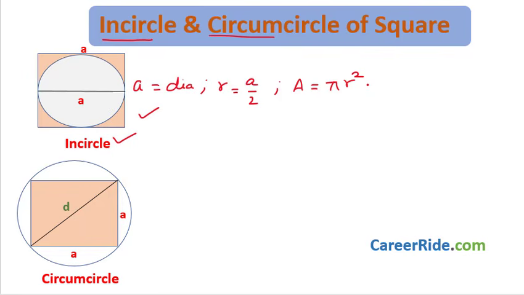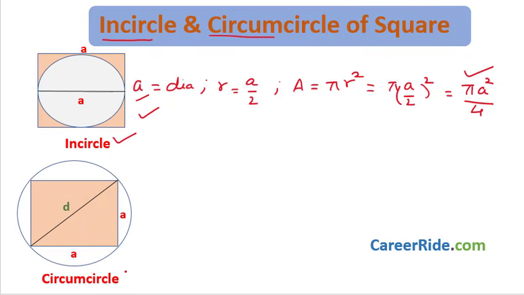So in this case, the value of r is a by 2, so a by 2 whole square, which is equal to pi a square upon 4. So in a given condition where the side of the square is a and there is an incircle, the area of the incircle would be pi a square by 4.